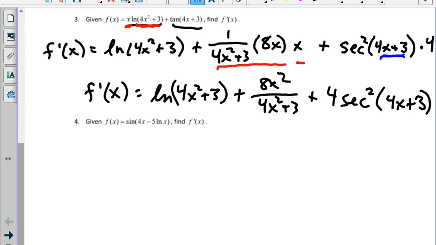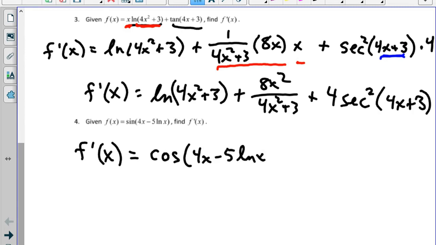Number 4, given f of x equals sine of 4x minus 5 natural log of x, find f prime. So f prime of x, we don't have any product rule or anything in here, but we do have that the derivative of sine is cosine. So we have cosine of 4x minus 5 natural log of x. Now we need to do the chain rule.